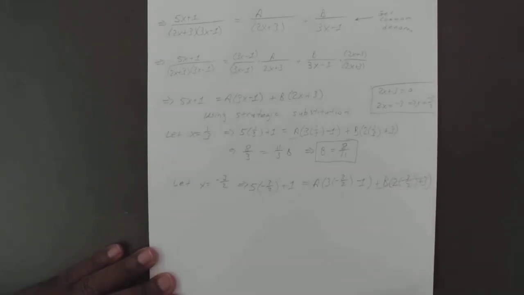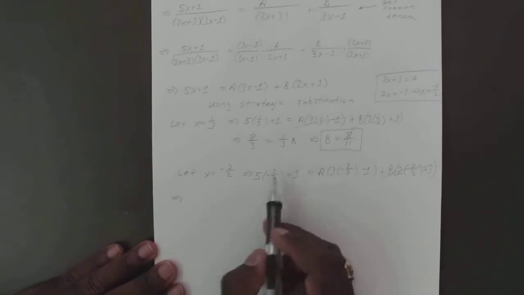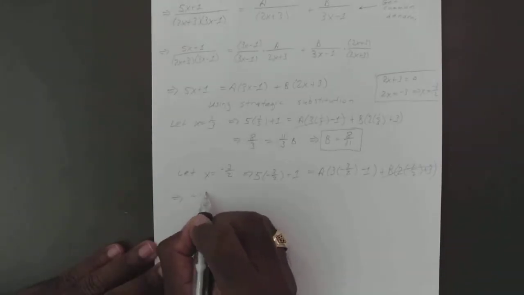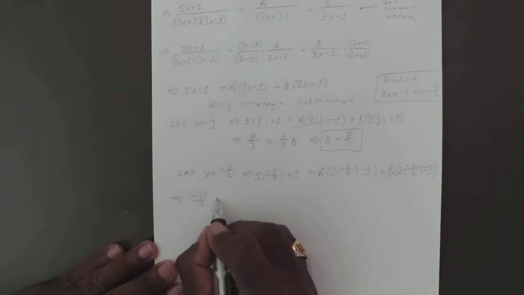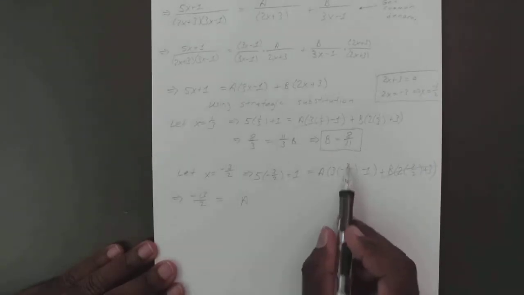Okay, so if you did everything correctly, that should disappear. So you should have negative 15 over 2 plus 2 over 2. So that should be negative 13 over 2 equals A times negative 9 over 2 minus 1.